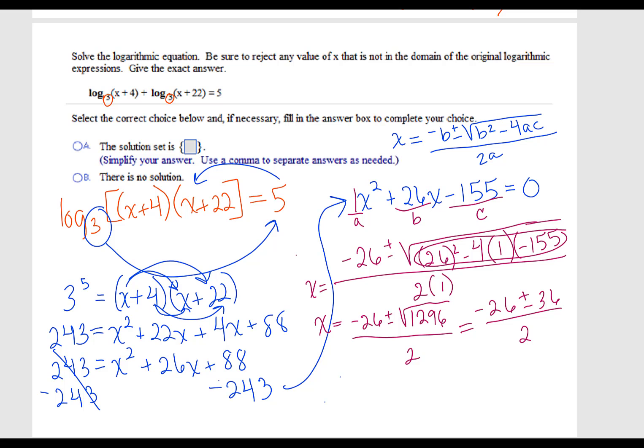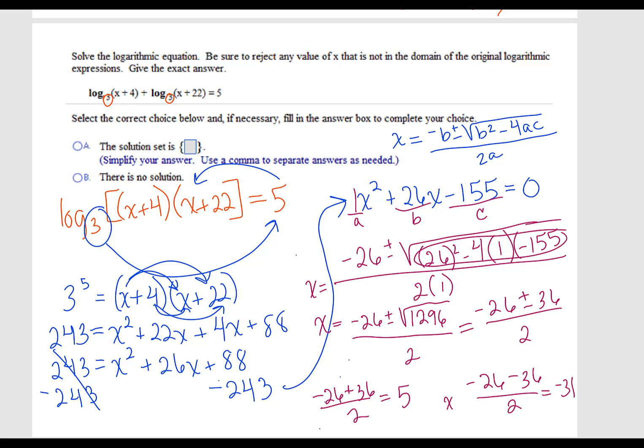Okay, so I'm going to plug into the calculator negative 26 plus 36 divided by 2, and then negative 26 minus 36 divided by 2. Let's see what we get. We get 5, and over here we get negative 31.